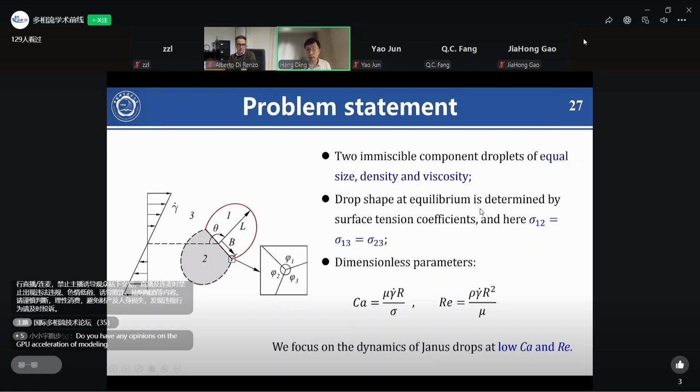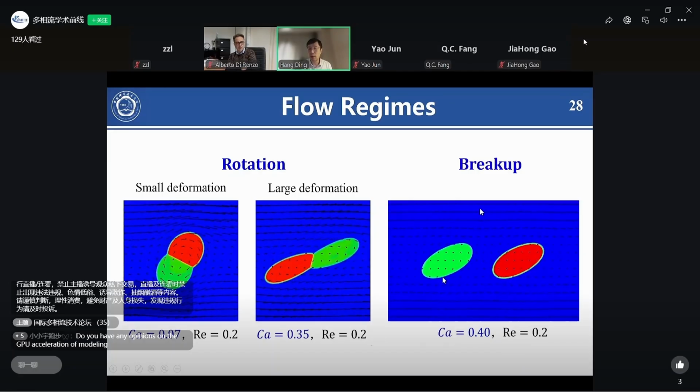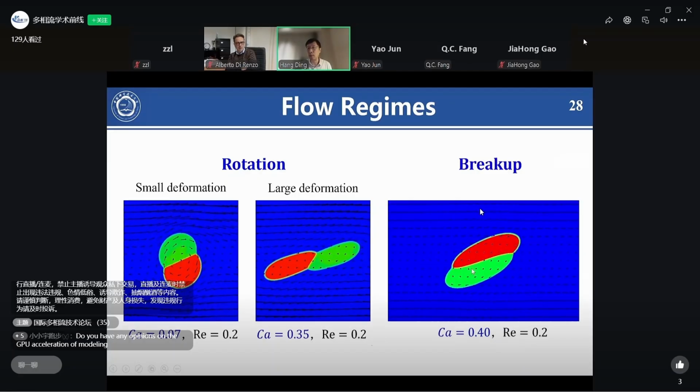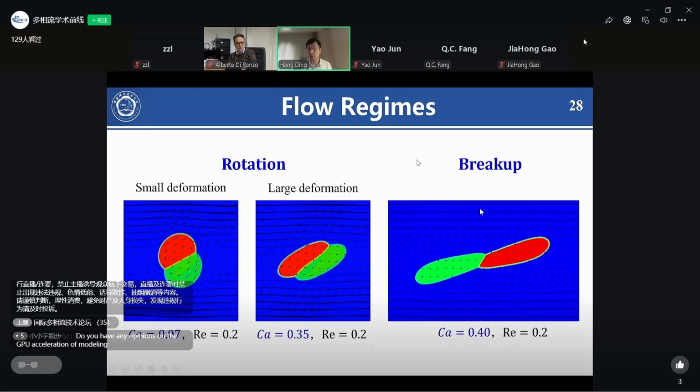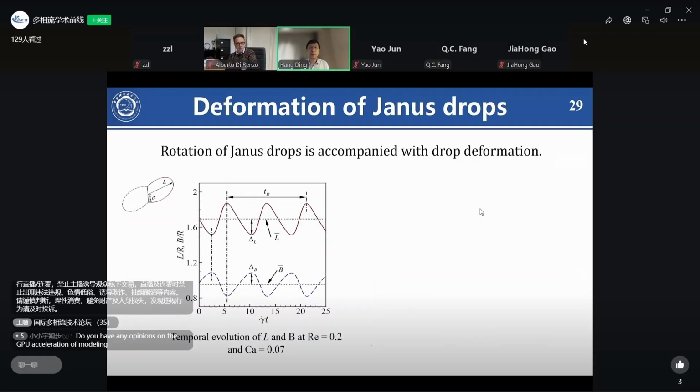Okay, then we consider the dynamics at low Reynolds number and Capillary numbers. We show the flow regimes here. At low Capillary numbers, like 0.07, it will have a small deformation and rotate in shear flows. When you increase the shear rate, you can see that it has quite large deformations. If you keep going, we can see that the droplet will eventually break up. In these studies, we only focus on the rotation dynamics of this Janus droplet.